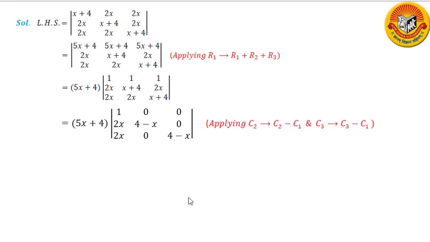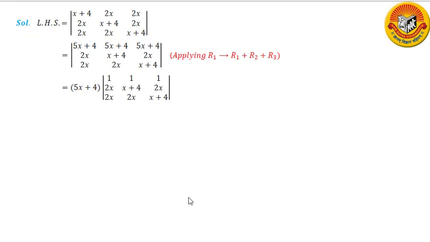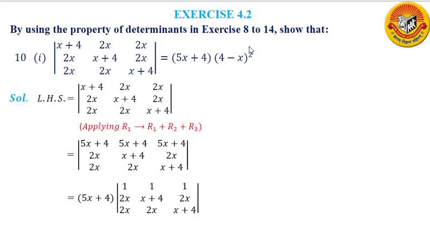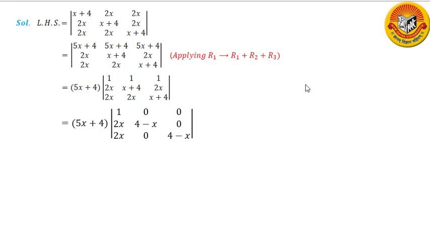Next, if you check here, we have to now get 4 minus x. How do you get 4 minus x? For getting 4 minus x, I can subtract the third row from the second row, or I can apply C2 as C2 minus C1.